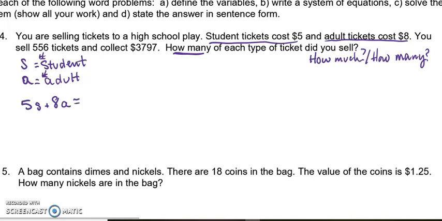And that equals a total. Our two totals that they've got going on here is 556 and 3,797. $5 and $8 have to do with money. So money goes with money. So 3,797 is the money total. So if we're figuring out money in the left side of the equation, then our total better be the money side. So this is how much.